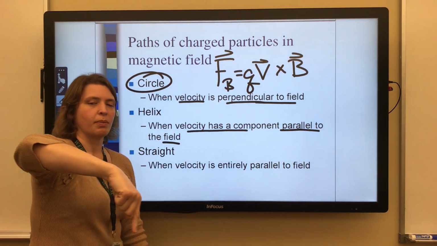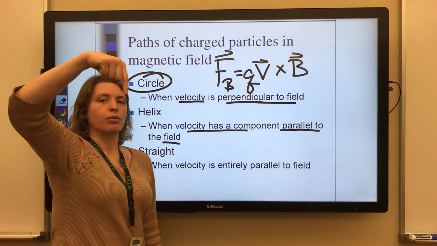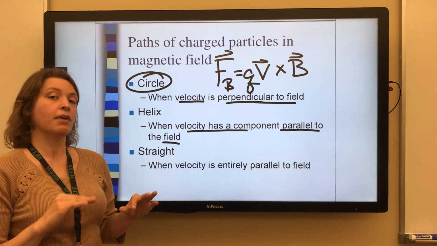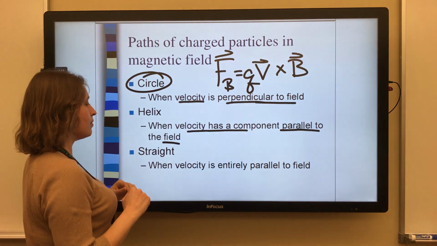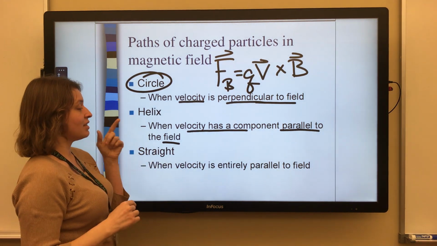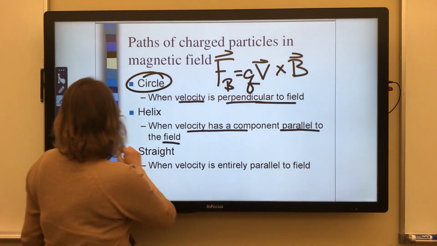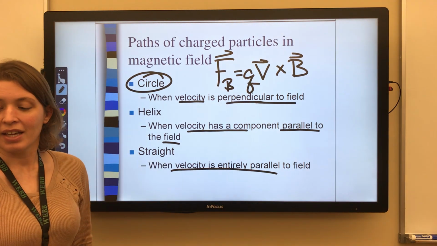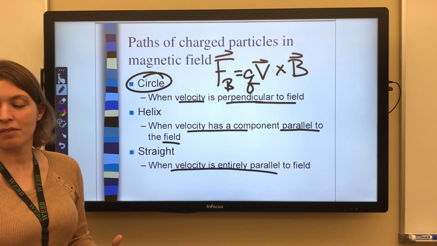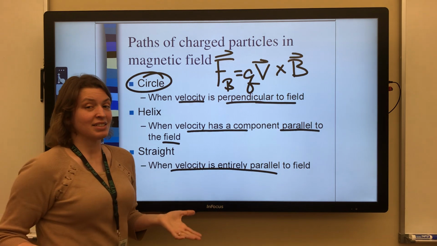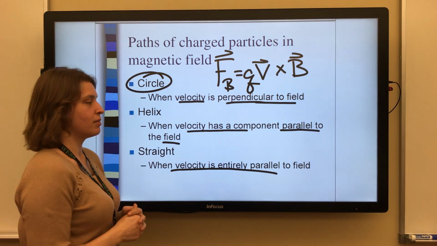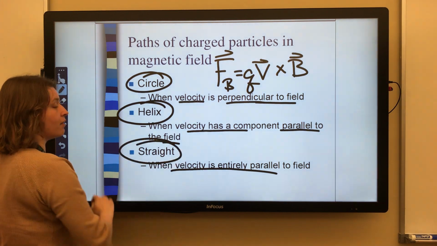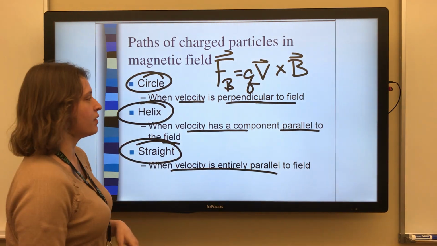So you'll have a circular path that's actually stretched upward and moving upward because there's a vertical component of velocity that's unaffected by the magnetic field. Or, if your velocity is entirely parallel to the field, you could have a particle that just continues going in a straight line, unaffected. Even though it's in a magnetic field, even though it's a charged particle, it doesn't experience any force whatsoever. So you could have a circular path, a helical path, or a straight line path for a charged particle moving in a magnetic field.